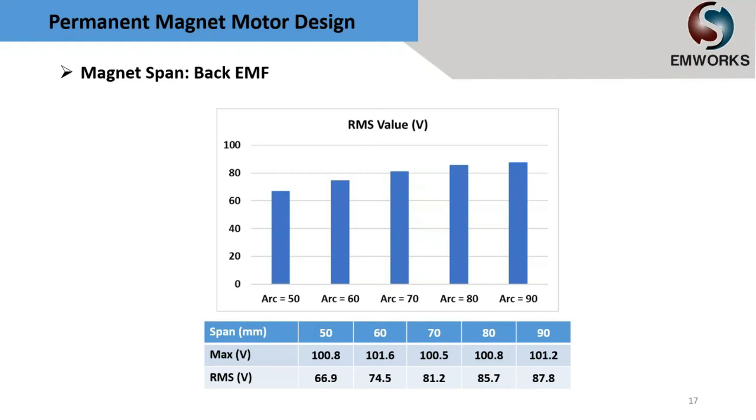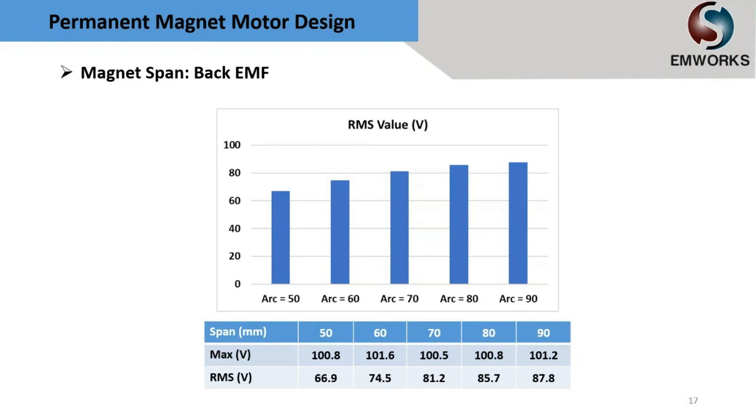So if you focus on this figure, this bar chart, you can see that at the beginning, by increasing the magnetic span, the RMS value increases, and the rate of the increase is higher when compared to the higher values of the magnetic span. Let me explain it in this way.